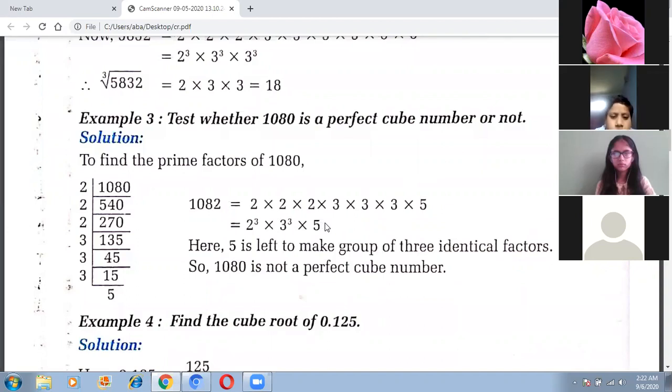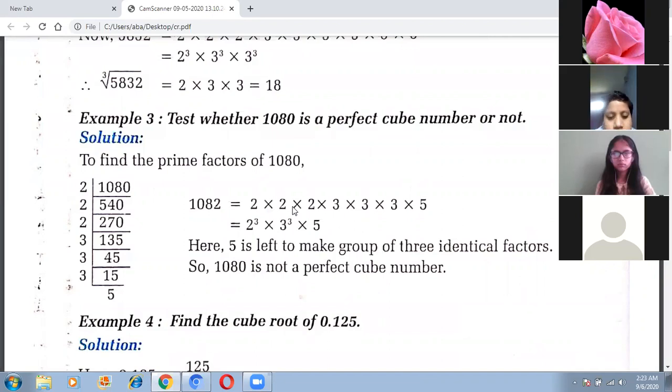To make the given number a perfect cube number, by which number do we have to multiply? We need two more 5s, 5 into 5, 25. So here is only a single 5. That's why the given number is not a perfect cube number. Yes, you can find like this.